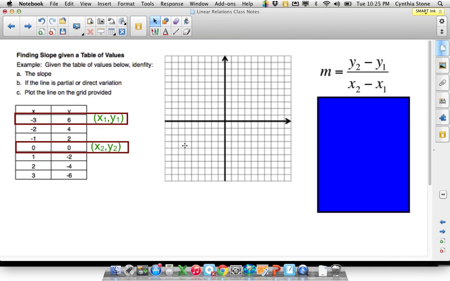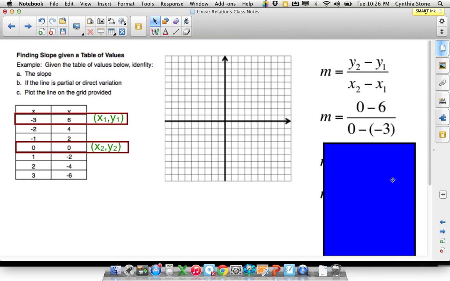But I'm going to show you. Here's the basic slope formula, and I'm going to take these points and plug them into this, okay? So y2 is going to be the 0, and y1 is 6. That's why it says 0 minus 6, because I'm just subbing in 0 and 6 for those. And then in the x, x2 is 0 again, and I have to minus it, right?